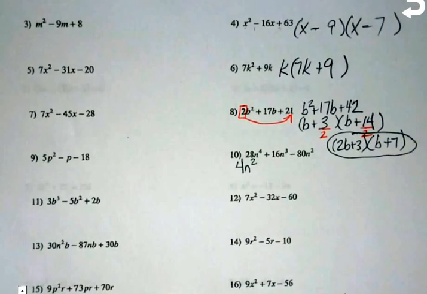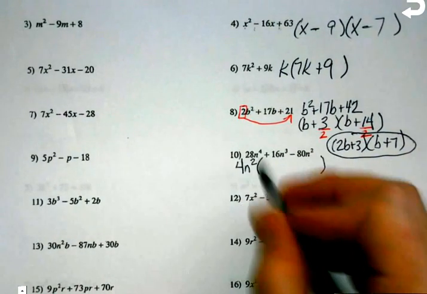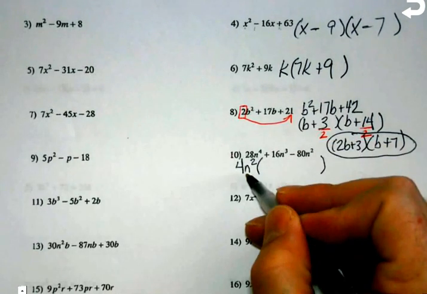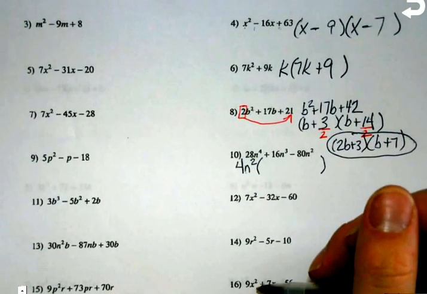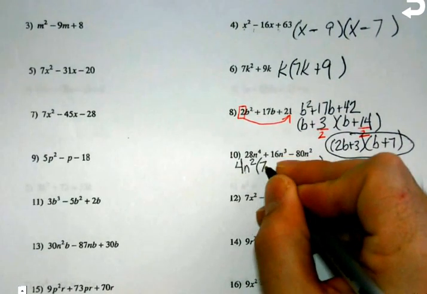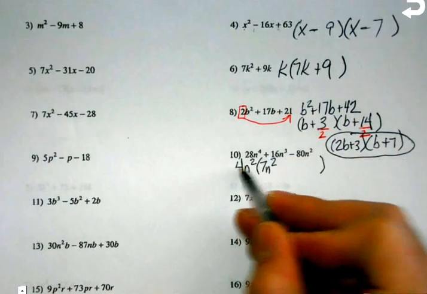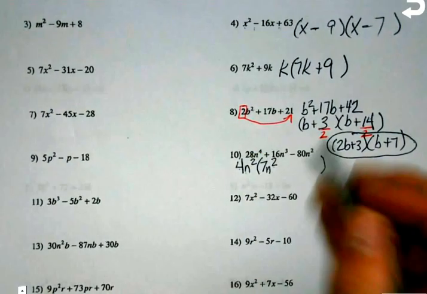So if I take out the GCF, 4n squared, now we've got to work with whatever's left. So how do I get from 4n squared to 28n to the 4th? Okay, 7n squared. 4 times 7 is 28. 2 plus 2 is 4.